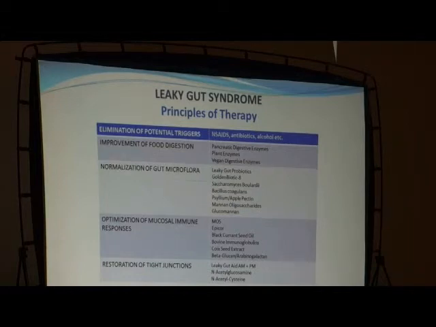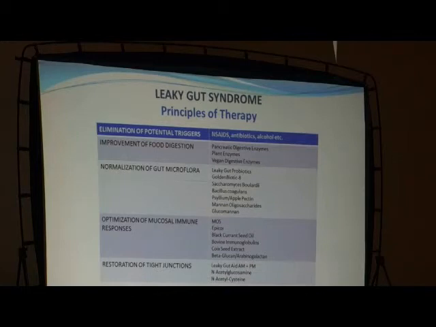So the next step is we need to normalize or optimize the mucosal immune response. How do we do it? We're trying to use, again, mannan oligosaccharide or MOS. There's a unique product which was designed in San Diego, and now it's produced in Colorado. It's called Epicor.